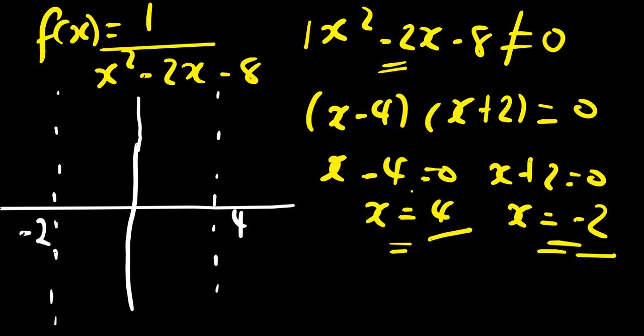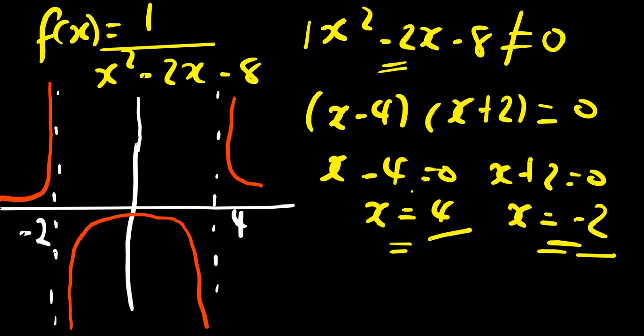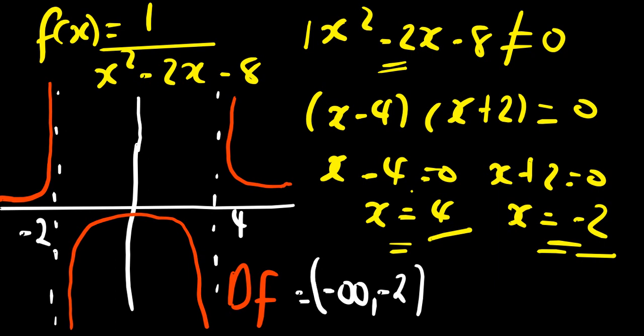So how are the values going to look? We want everything going this side, but we don't want to touch negative 2. We want everything this side, but we don't want to touch 4, and we also want everything this side, but we don't want to touch 4, like that. Your asymptotes are like that. So the domain for this case will be moving from negative infinity to negative 2, and we don't want negative 2, so we'll put open brackets, union.